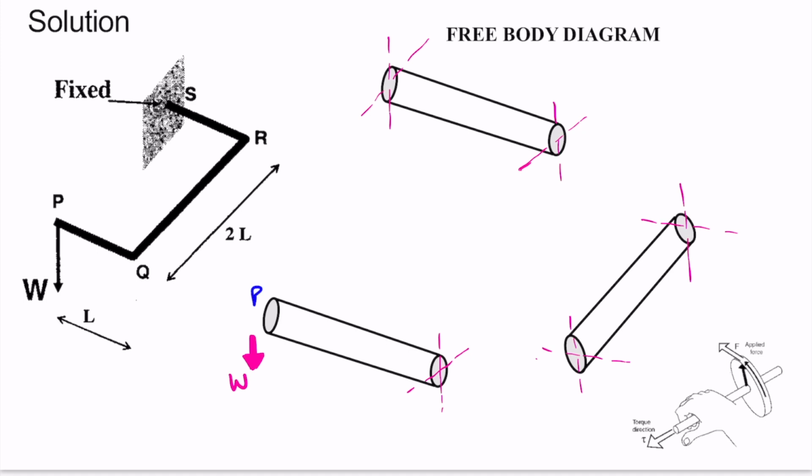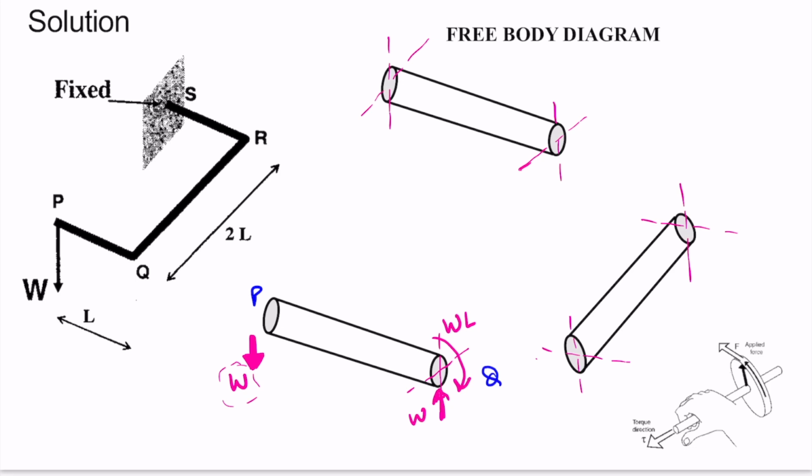So let's say this is section PQ. Since there is a point load W at P, there will be an equal and opposite force at Q also, so it will be W here in the upward direction. Moreover, due to this point load W, we will have a bending moment at Q, and the value of this bending moment is force into length, and force is W and length is L, so it will be WL.